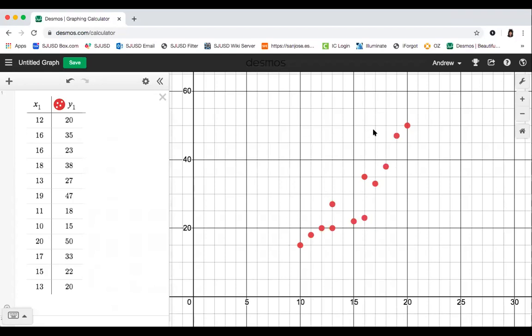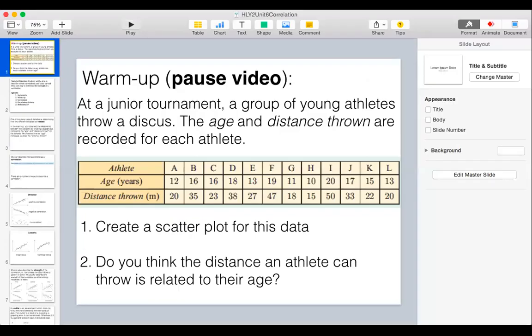So it looks like there is a relationship between the age of the athlete and the distance that they can throw the discus. And we would say that in this situation, there's a correlation between these two variables, a correlation between the age and the distance thrown. So let's go back to our slides here.